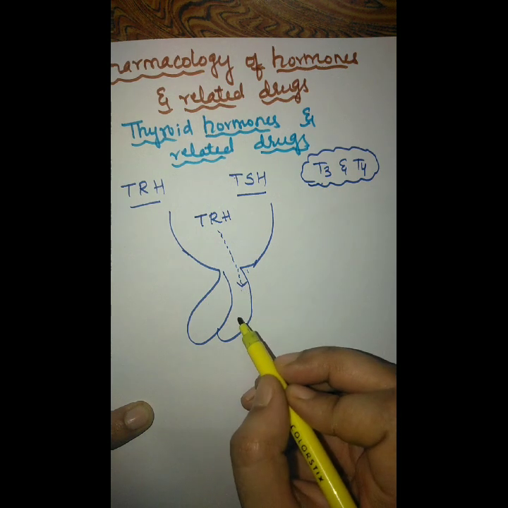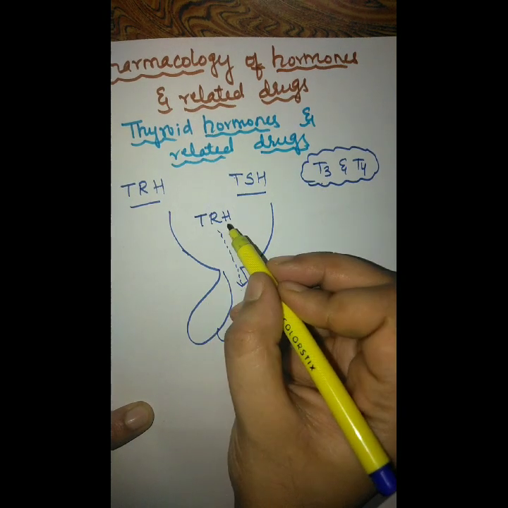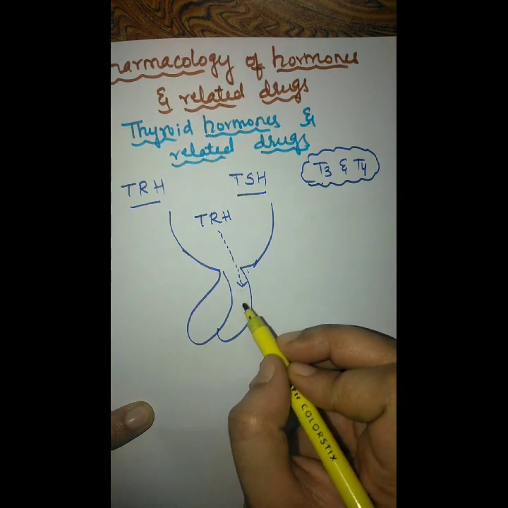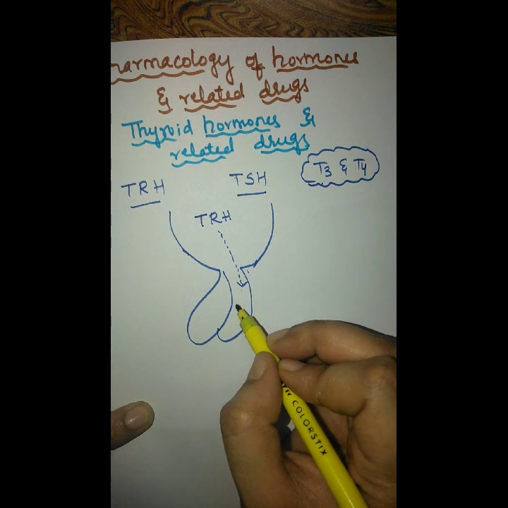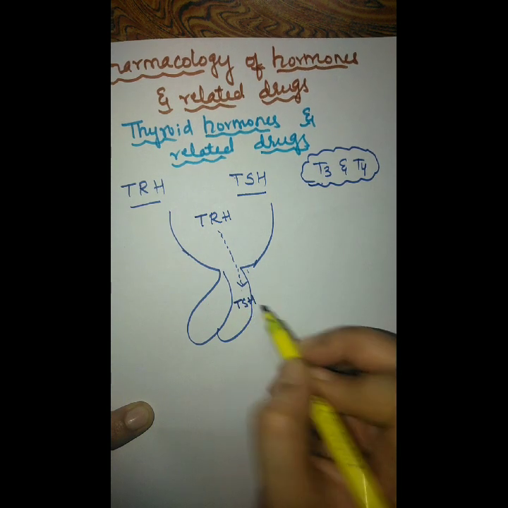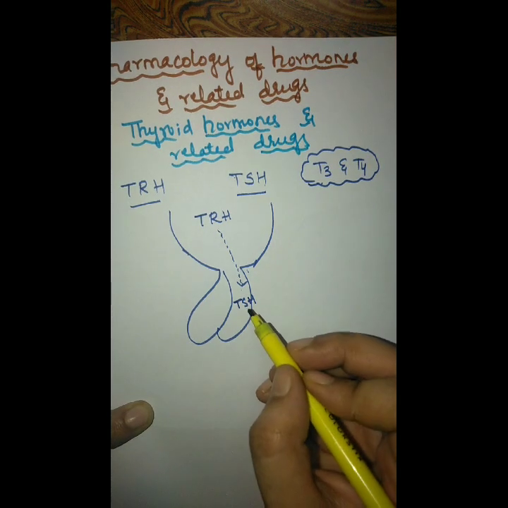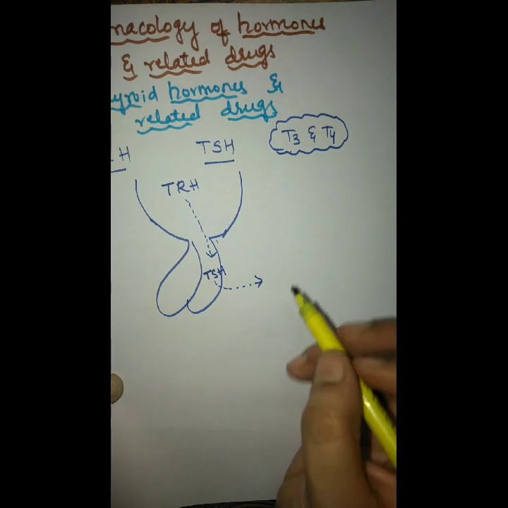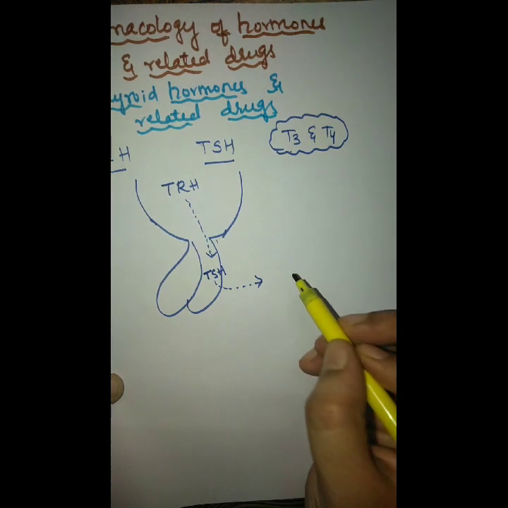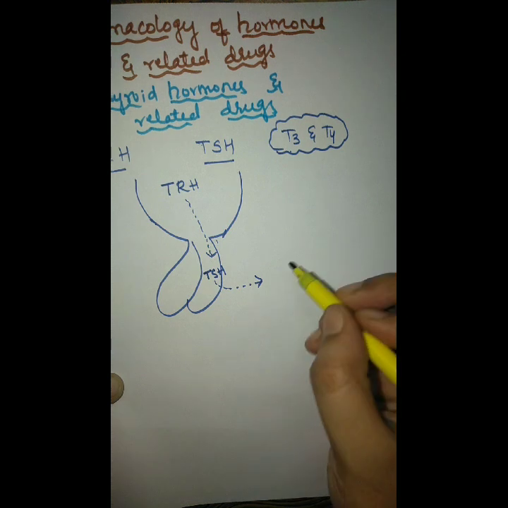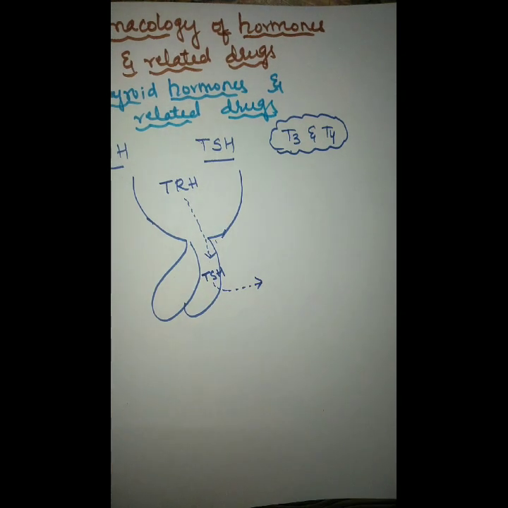And in the anterior pituitary, this TRH, that is thyrotropin releasing hormone, will be causing this anterior pituitary to synthesize another hormone, that is thyroid stimulating hormone. Okay, next this thyroid stimulating hormone will be moving to your thyroid gland, or more specifically to your thyroid follicle. See, follicles are present in your thyroid gland.